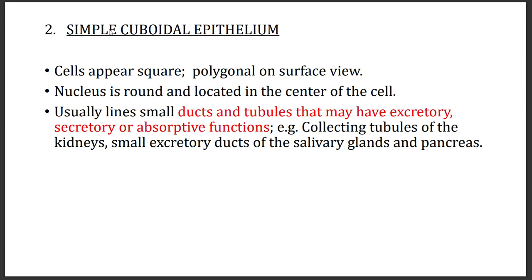Because it is a single layer and a cuboid, it is able to allow some things to move, but not as much as a simple squamous. So in excretory, secretory, and absorptive functions, such as the collecting tubule of the kidney, the small excretory ducts of the salivary gland and the pancreas, we are able to see this.